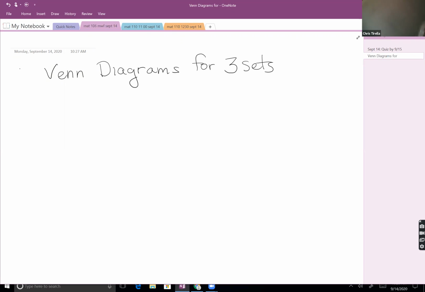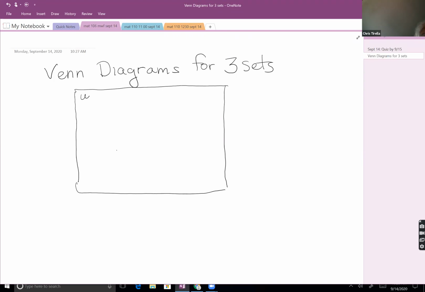So if I look for a Venn diagram for 3 sets, like any Venn diagram, I'm going to start with my universal set. For lack of originality, I'm going to call my first set A, and A will be a loop in there.